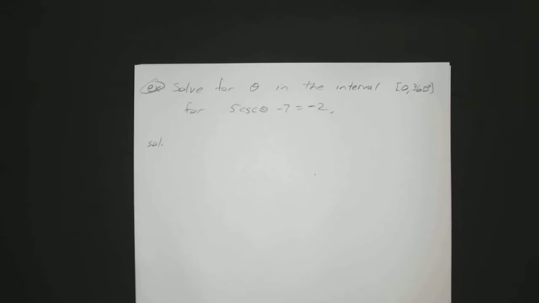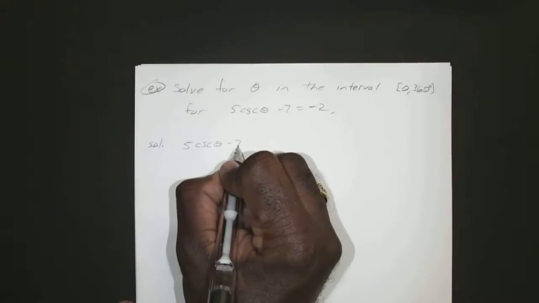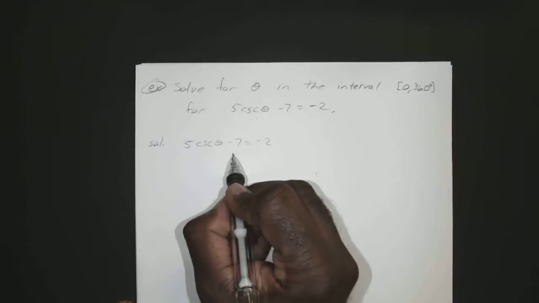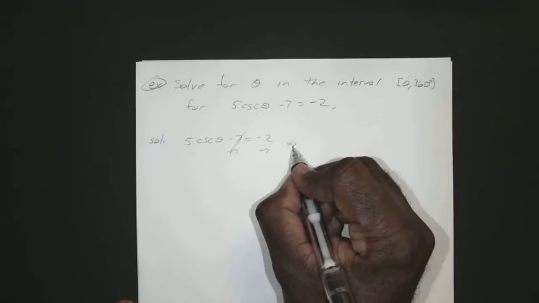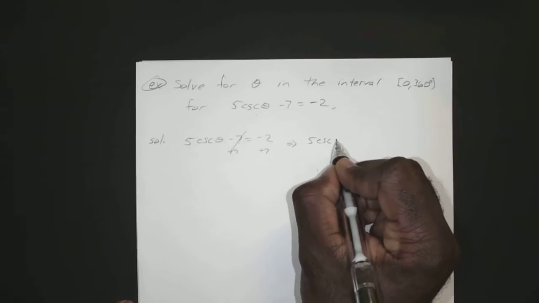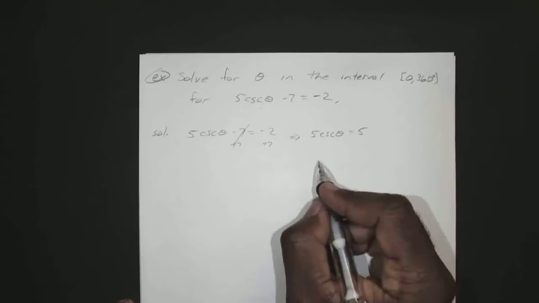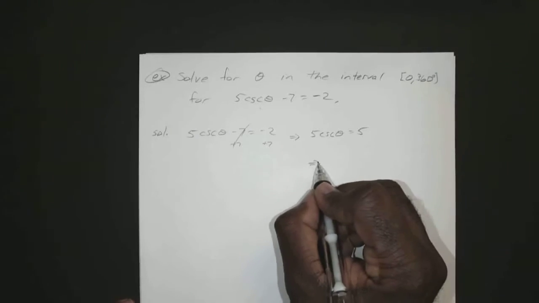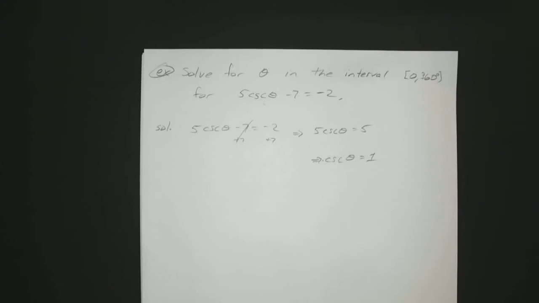Okay, so just like before, we're going to solve for our cosecant theta. Minus 7 equals negative 2. Add 7 to both sides. So 5 cosecant theta is going to equal 5. If we divide both sides by 5, our cosecant of theta is going to equal 1.